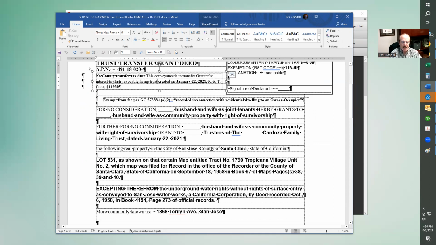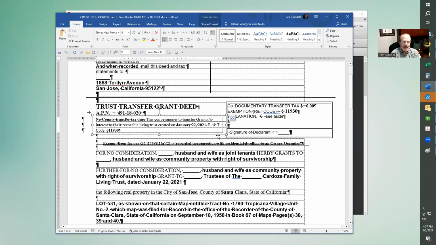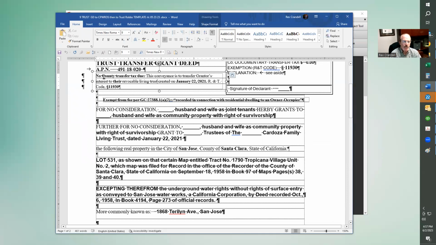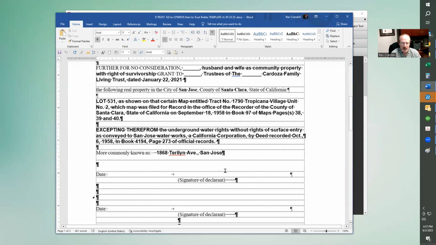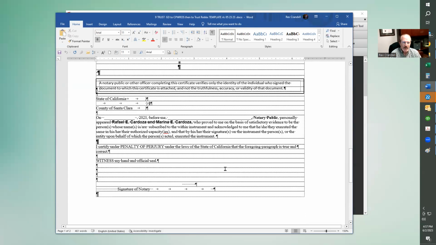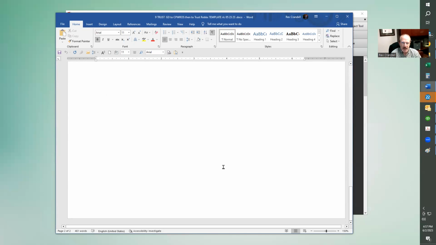You need to say the state, the county, city and county, because that matches up with the assessor's parcel number is issued by that particular county. You have a legal description and then a commonly known address. Addresses can change, so that's why we don't rely on it. Signed, notarized, and a legal description.